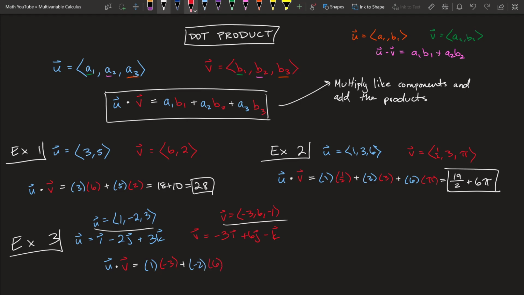Then we add the 3 and the negative 1. And what does that get computationally? Negative 3 minus 12 minus 3. That's a negative 6 minus 12, which results in a dot product of negative 18.